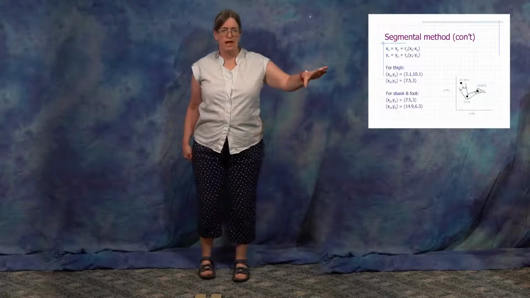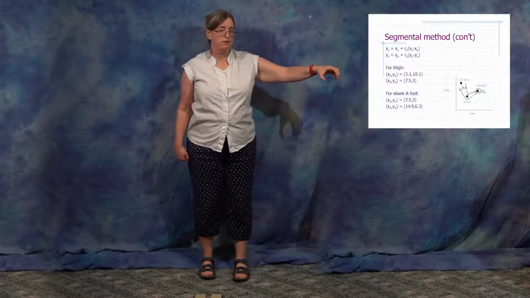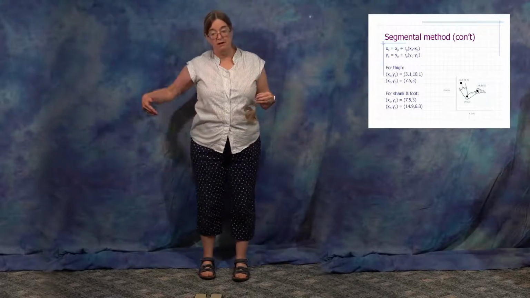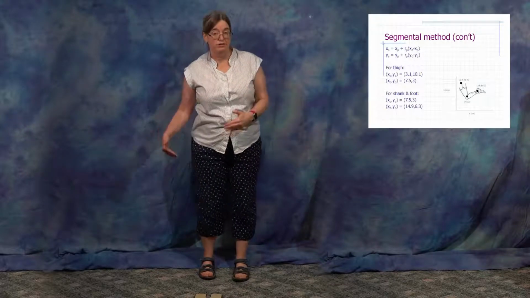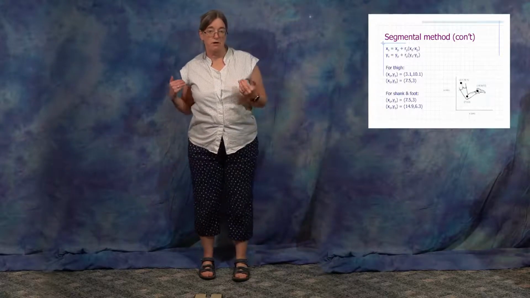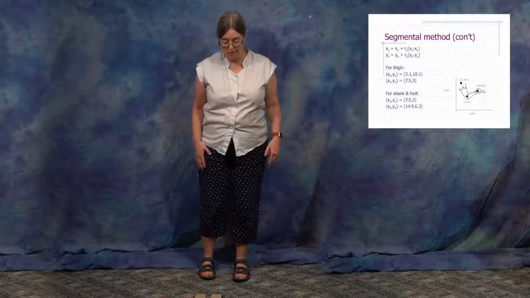So using that equation for the thigh, we know what our proximal X and Y coordinates are. They represent the hip. Our distal coordinates are our knee. And for our calf and foot, our proximal coordinates are our knee, and our distal coordinates are our ankle.